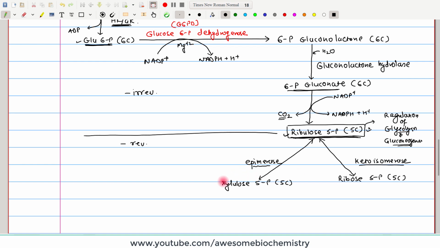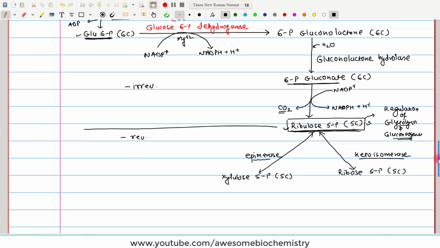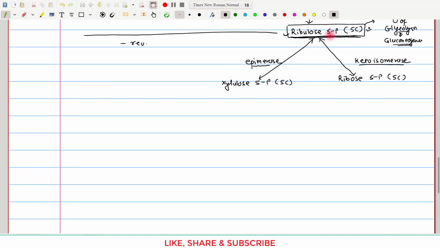So to give rise to both of these compounds, what happens? Multiple molecules of glucose undergo the HMP pathway. So multiple molecules of ribulose 5-phosphate will be generated. Out of these, some get converted to xylulose 5-phosphate and some get converted to ribose 5-phosphate. That we have to keep in mind.